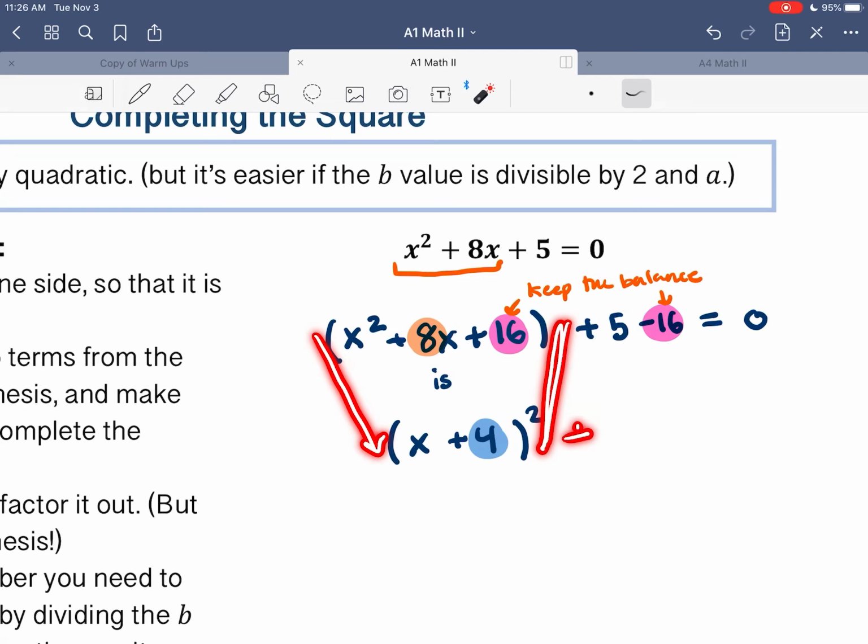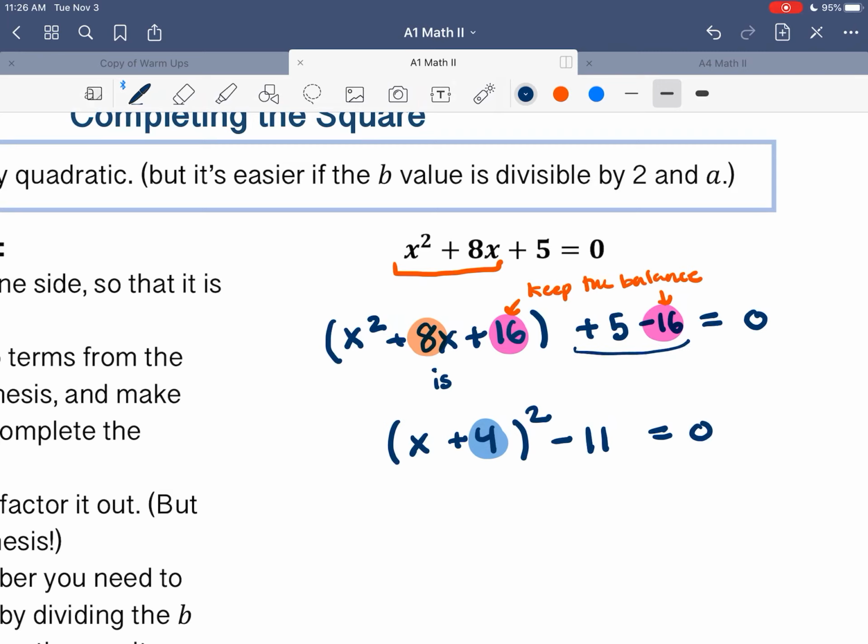We just need to put this down here as well, and I'm pointing with the laser pointer here because this is just a number. 5 minus 16 is just a number, so I'm going to just replace all of that with negative 11. 5 minus 16 is negative 11.